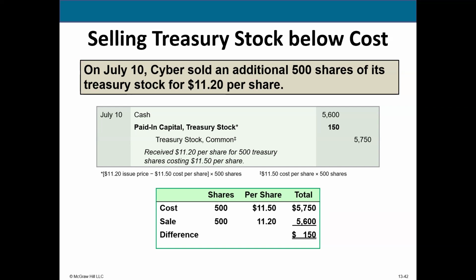So we debit the cash 5,600. We debit paid in capital below par value treasury stock 150, and we credit the treasury stock 5,750. The 5,750, of course, represents it at its par value. So that's how we treat treasury stock.